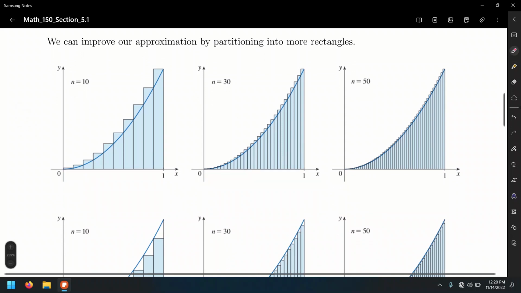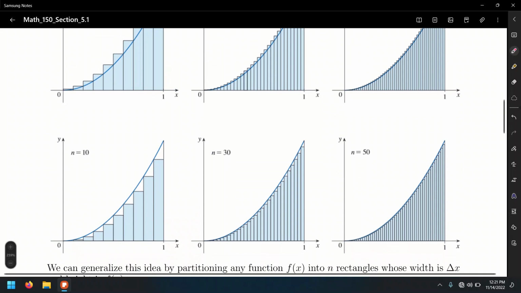Did you see how adding more rectangles of a smaller base actually reduces that overestimation value? At the same time, it does the same with the underestimation. In either direction, it actually gets closer to the actual value of the area under the curve.